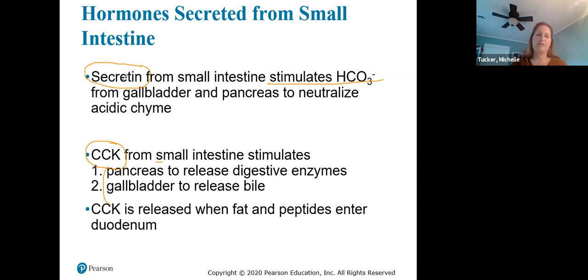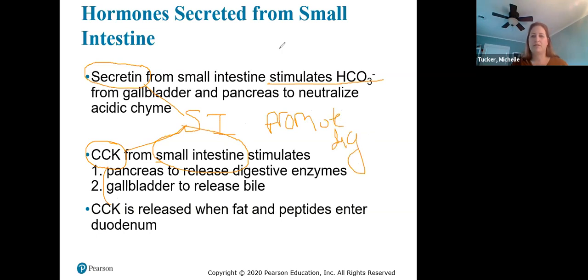For these two, you just need to know that they are secreted by the small intestine and that they both promote or assist in digestion. You won't need to know all the intricate details of both of these.